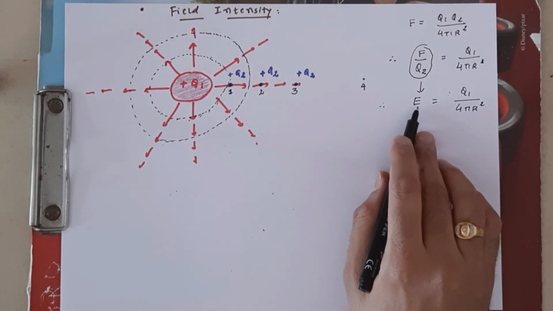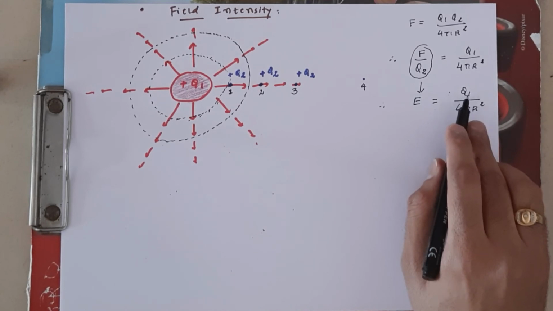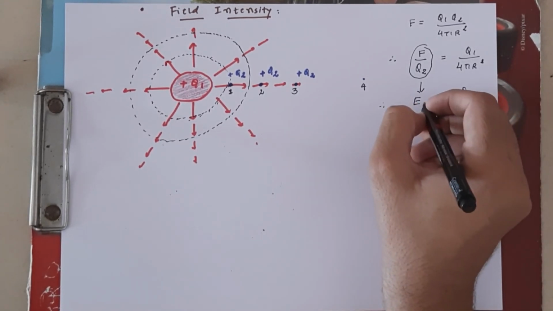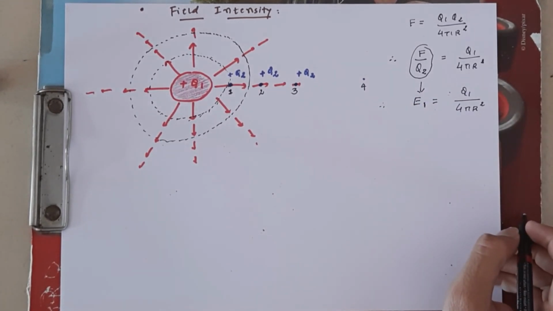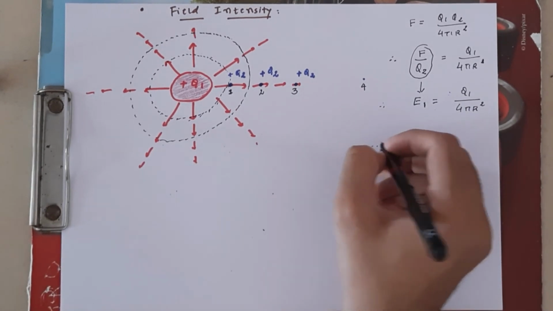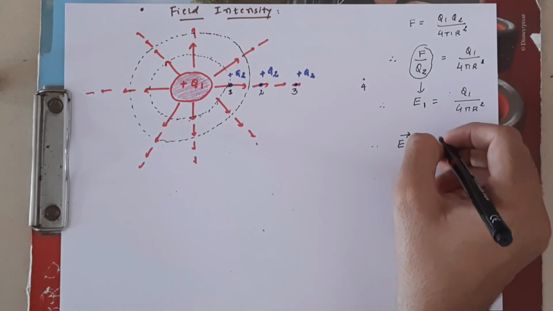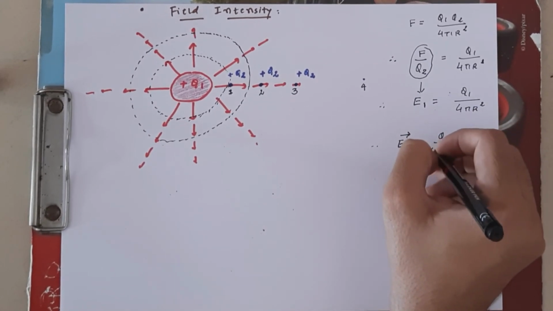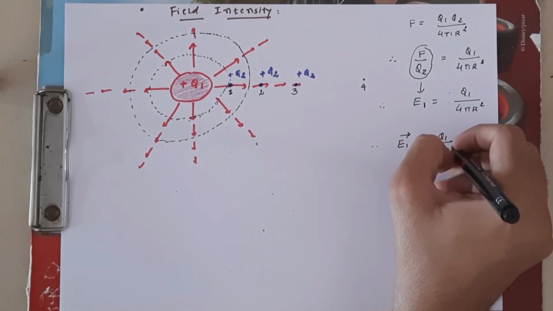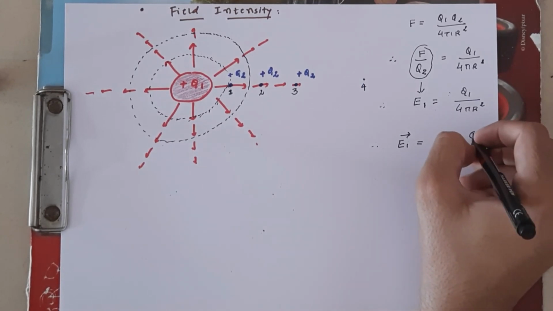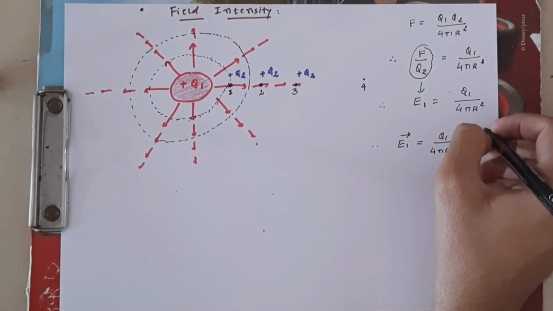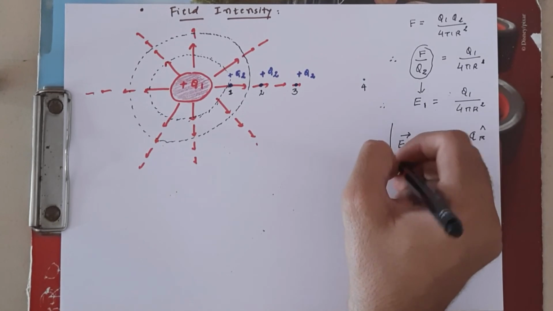Okay, so this electric field is due to which charge? Charge Q1, so it is known as E1. So E1 is equal to Q1 upon 4 pi r square. And as we know, electric field intensity is also a vector quantity. So E1 vector is equal to Q1 upon 4 pi r square multiplied by the aR unit vector.